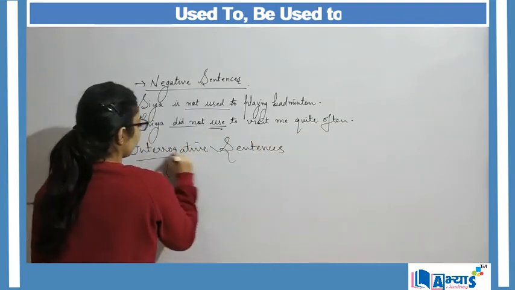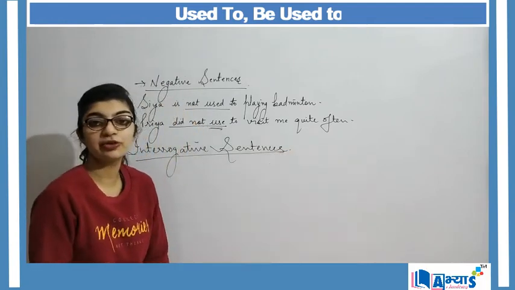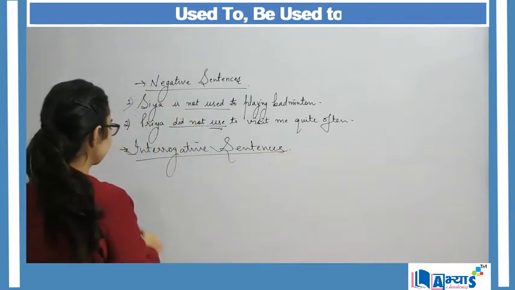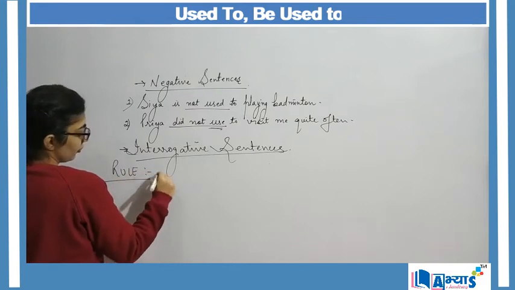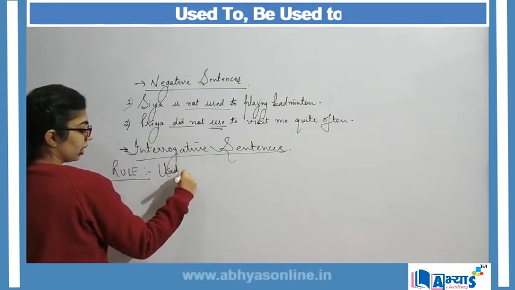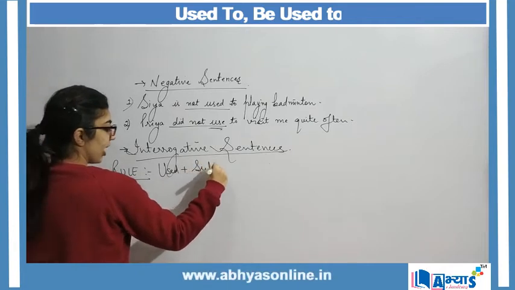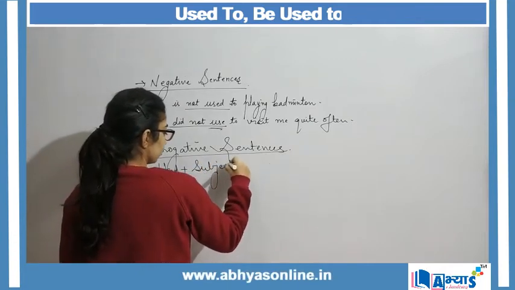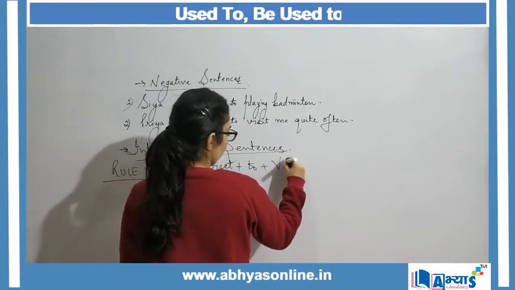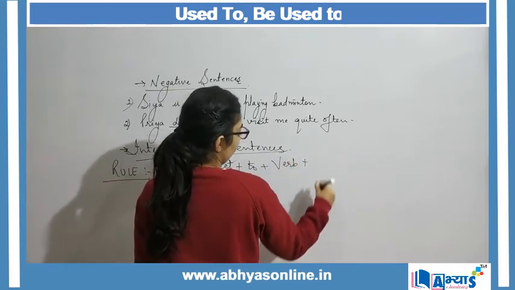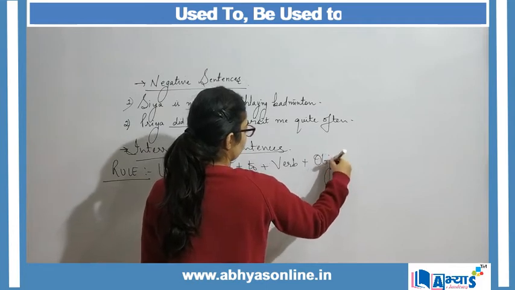For interrogative sentences making use of used to, the rule is: used plus subject plus to plus verb and followed by my object.